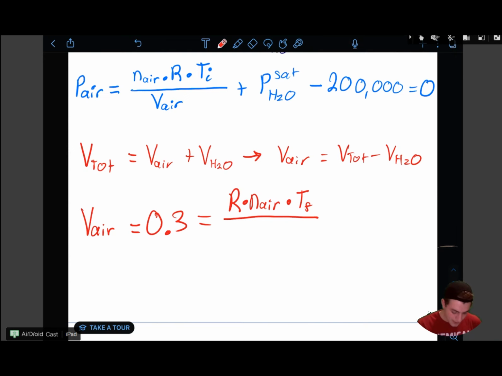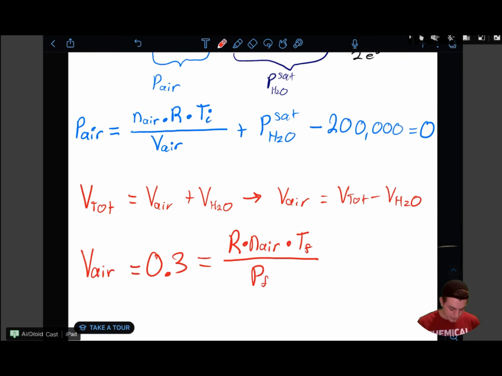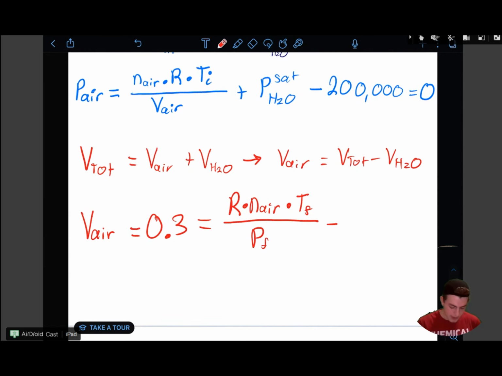Over the pressure. And in this case, our pressure will be the final pressure, which we can solve for by having temperature. And then again, to make that a root, we will simply subtract 0.3 moles from both sides, setting our equation here equal to 0.